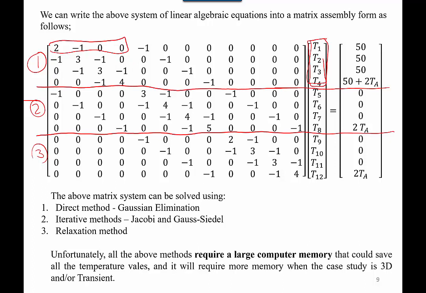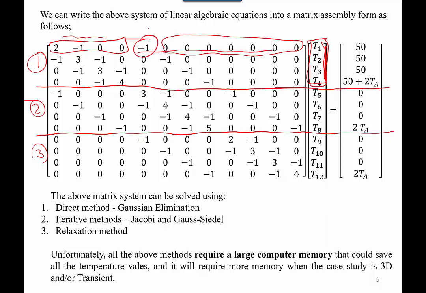Let's start by doing this line will multiply by this line, vertical line, and the rest of the numbers will be multiplied by the other temperatures, and will be transferred here to be written in the source term. Therefore we see here all of the numbers are 0 except this one.